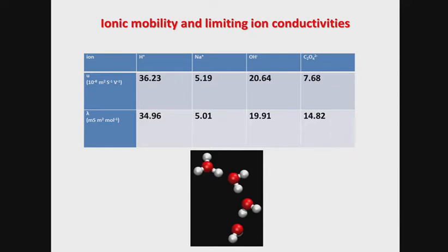Water is a hydrogen bonding solvent. So, why is it that the proton is so much faster than other ions? As you see, protons have a very special mechanism of getting transferred from one water molecule to the other through hydrogen bonding.